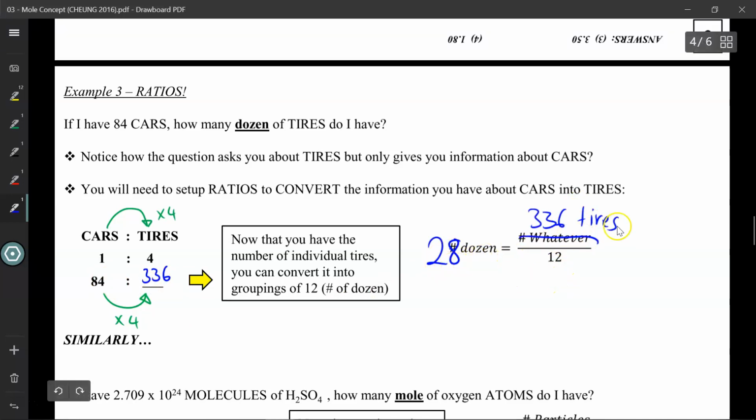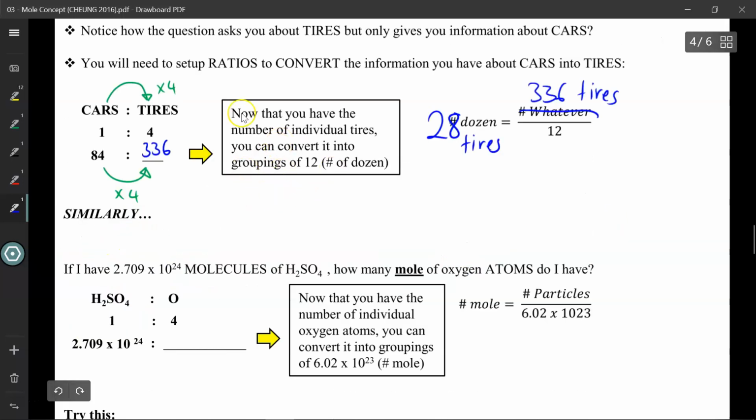But again, this time, because I started off with tires, I end up with tires. Same answer. So it doesn't matter if you plug it into the ratios first and then solve, or plug it into the equation first, then do the ratio afterwards, you get the same answer. Just make sure that if you're counting tires, your dozens are dealing with tires. You can't just turn tires into cars or cars into tires, not without doing your ratio.